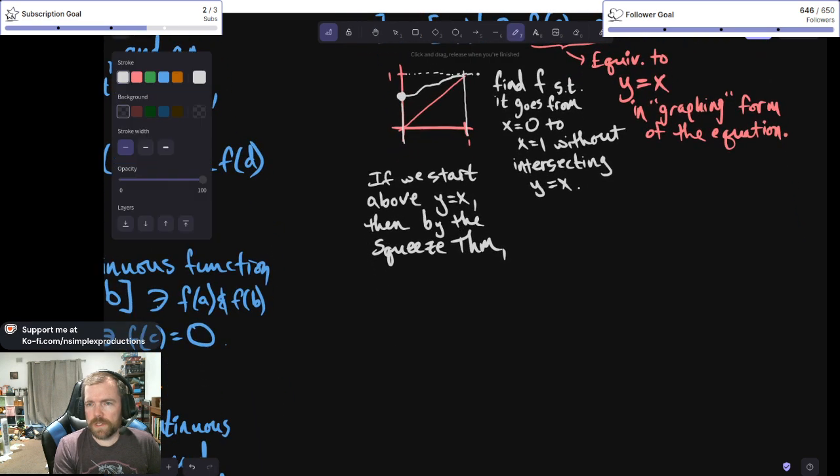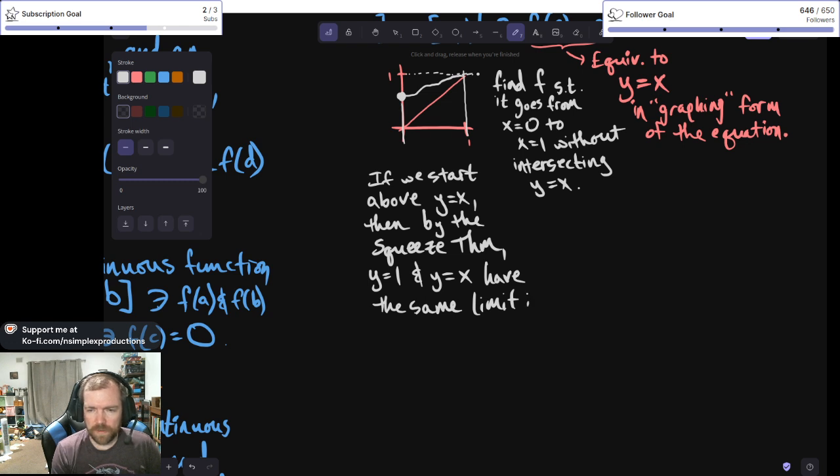Right, by the squeeze theorem, y equals 1 and y equals x have the same limit as x approaches 1.